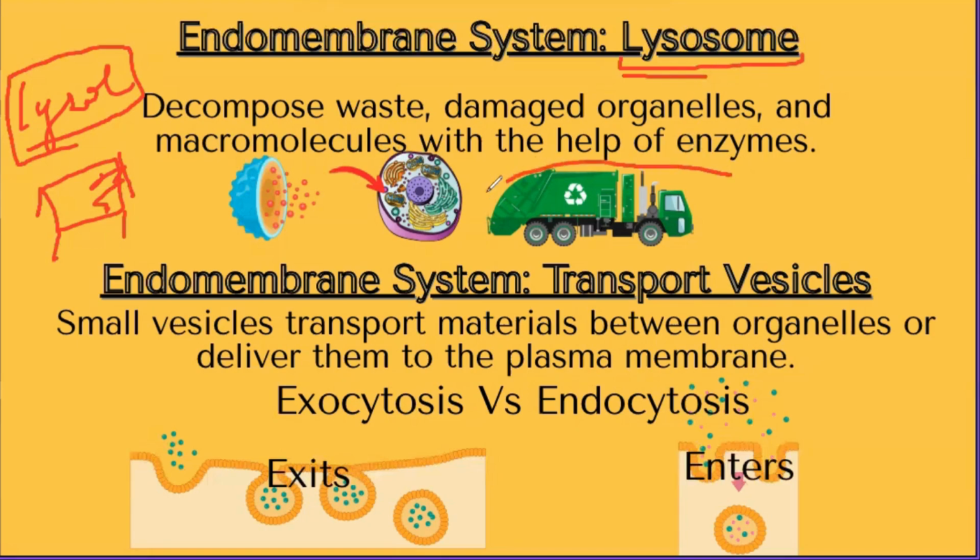So they work like a recycling truck, where products will go into the lysosome and be captured to distinguish whether or not we need to decompose it as waste, damaged organelles that need to be decomposed even further, or macromolecules, with the help of enzymes, to really distinguish whether or not we can reuse them or we need to get rid of them.